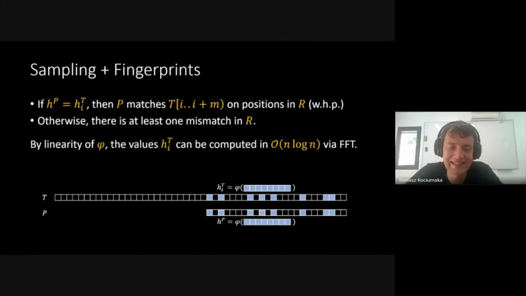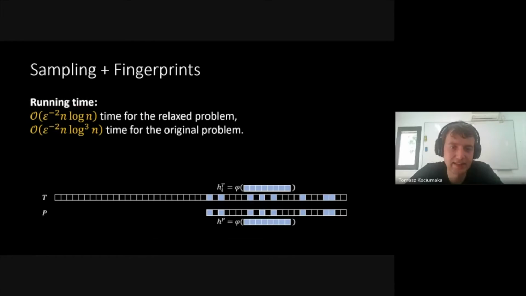And this means that we can compute all the fingerprints for all the offsets in n log n time. So for a single sample R, our running time is n log n. We have to repeat this epsilon to the minus 2 times for the relaxed version of the problem, and then we get an extra log squared n factor for the original version.